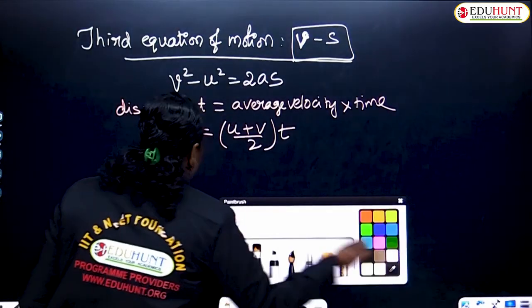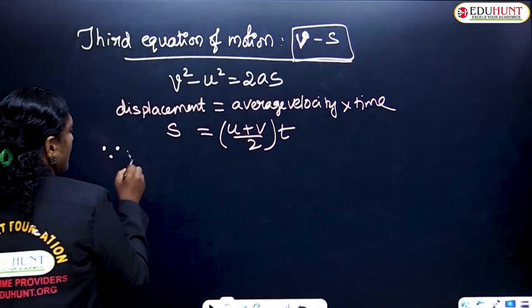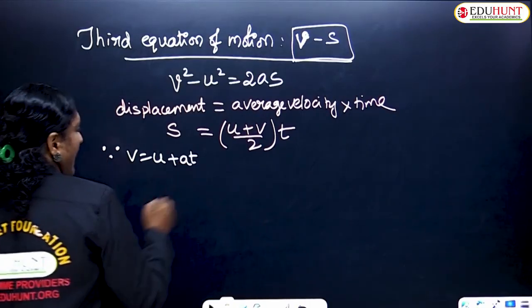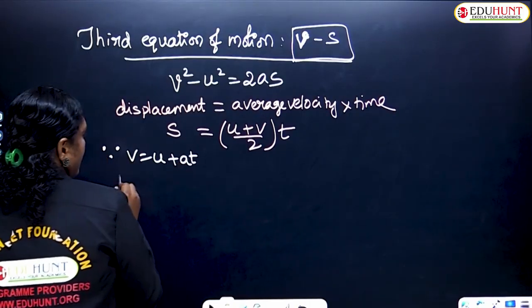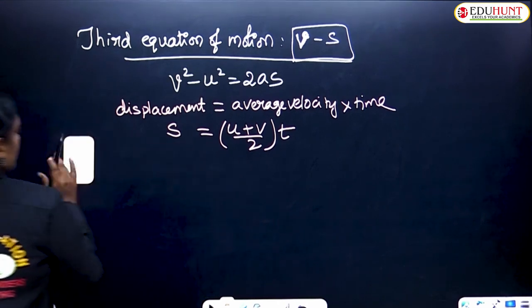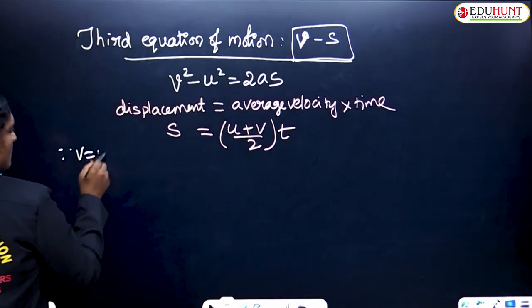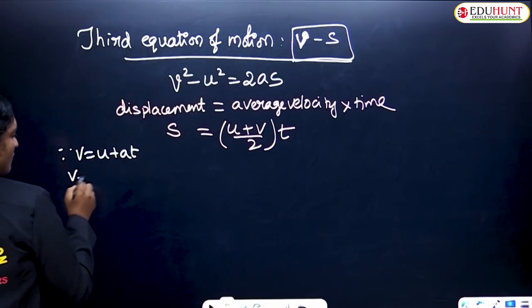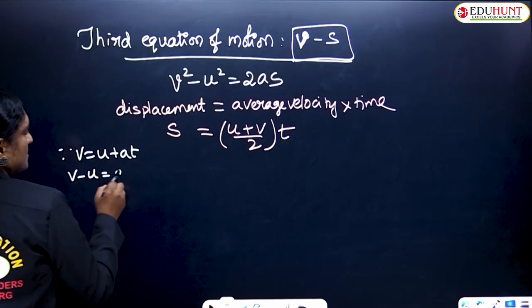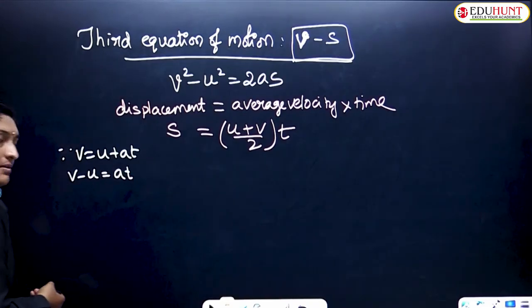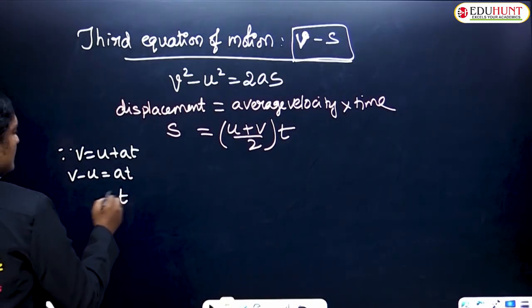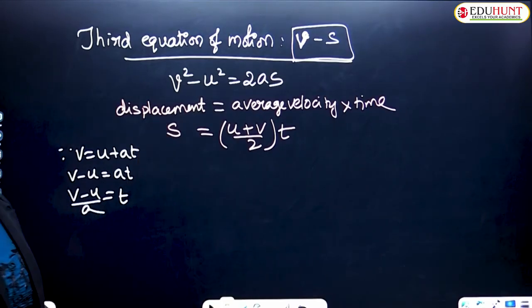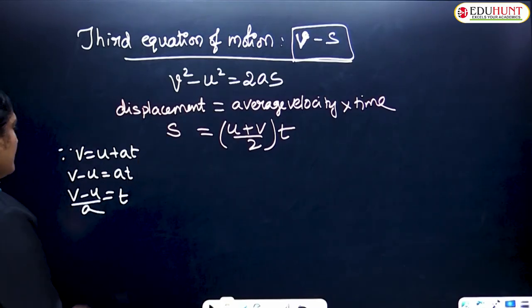Bring u to the other side, then v minus u equals at, or t equals v minus u by a. t equals, what is that, children? v minus u by a.